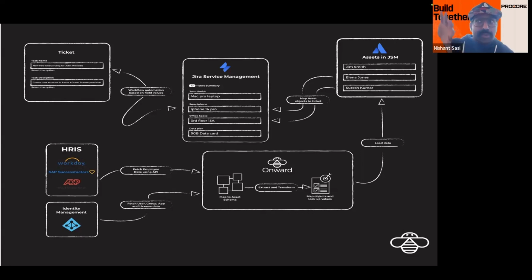Instead of relying on a static, hard-coded workflow condition, JSM evaluates real, dynamic information inside the Assets graph, identifying who the employees are, what identity they have, what hardware they own, which license they already consume, and what they're entitled to receive. So many things can be done through that.